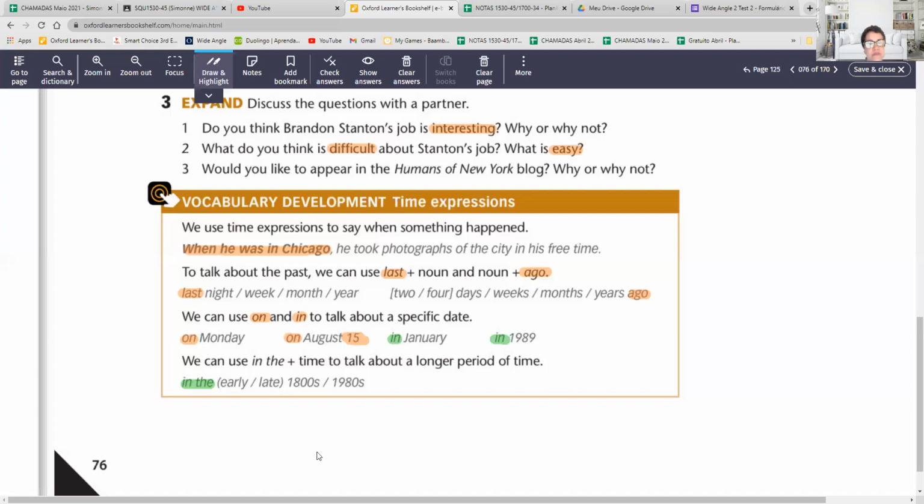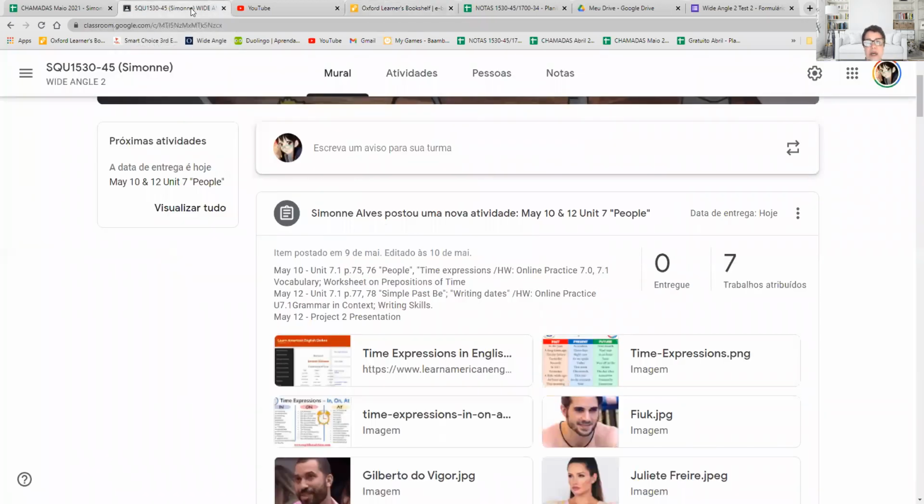Here we have another expression, in the early 1800s or in the late 80s, when I'm referring to a decade or a period in time. I posted here something interesting for you on our page on Google Classroom, some prepositions.